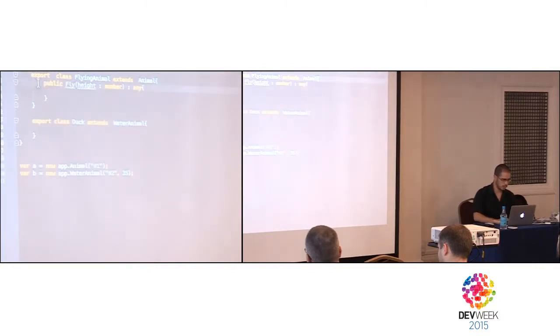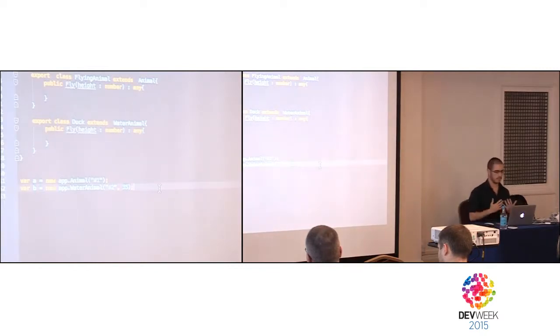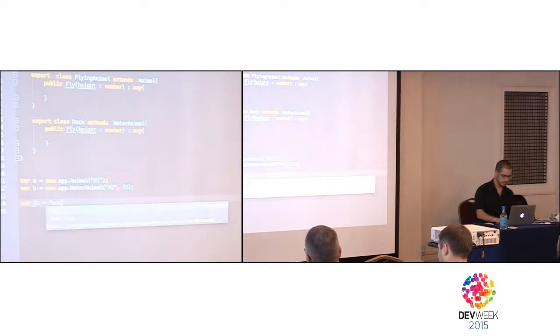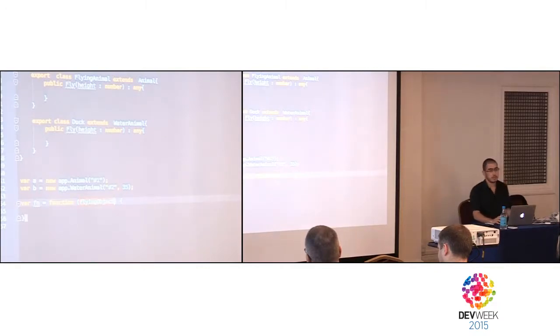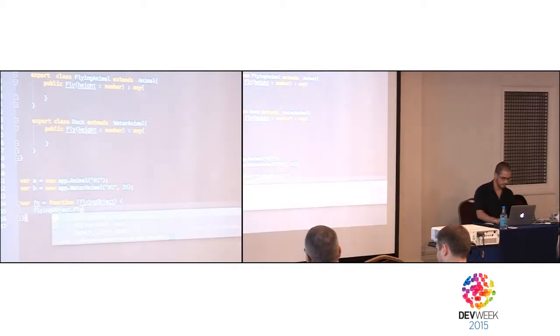So I'm going to copy it. And now I want to have a method here which actually gets a flying object. This is what I want, and I want to call flyingObject.fly, and we're going to say it goes 100 meters.